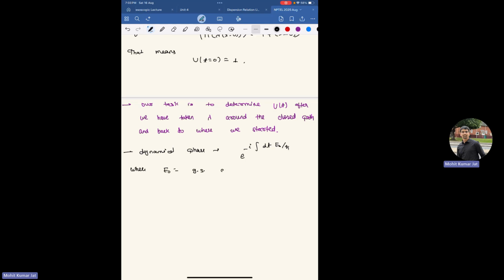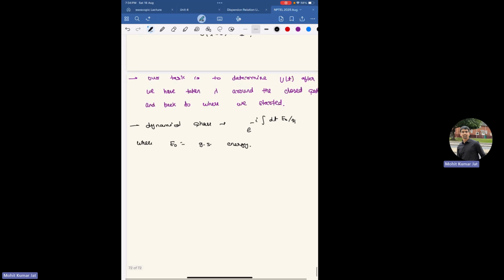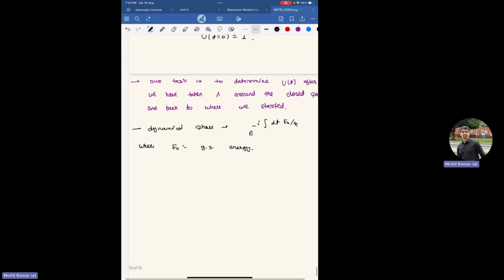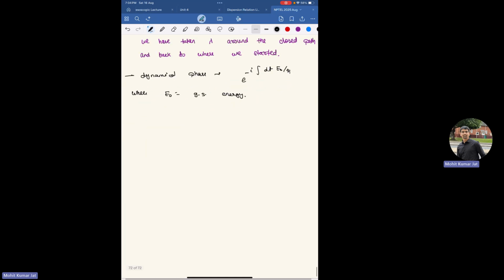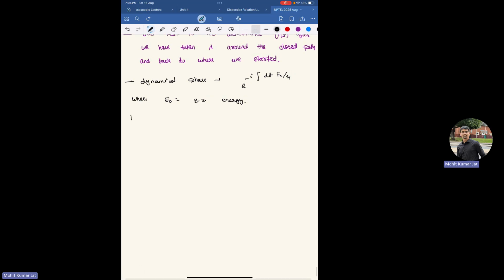We are not interested in this here, so we will ignore it and simply take E naught equal to 0. This solves our complexity of the equation. So this dynamical phase now goes away, and what we have is this pure geometric phase, what we call the Berry phase. This extra contribution will be coming from the Berry phase.